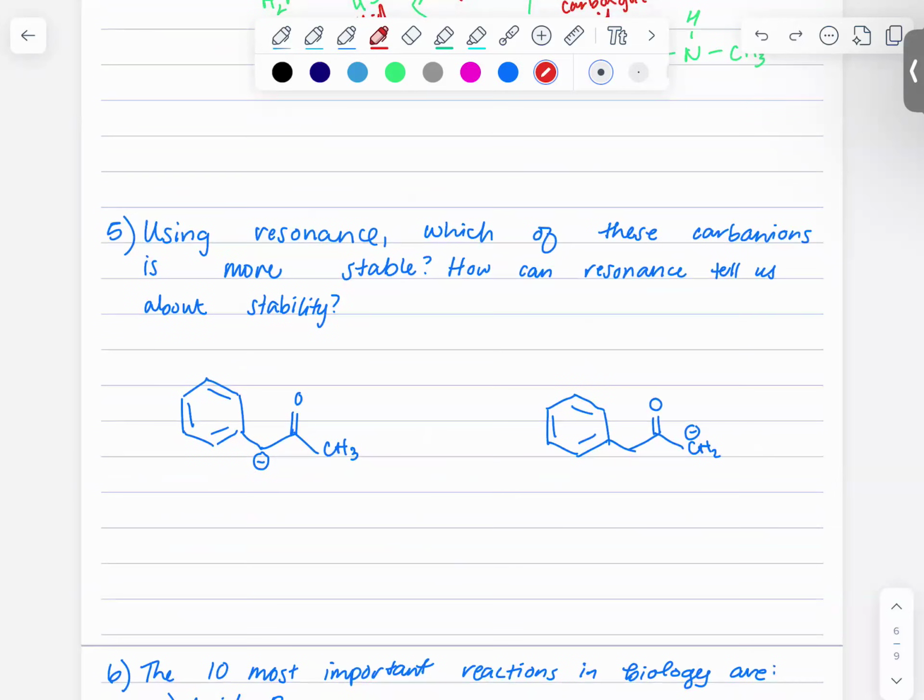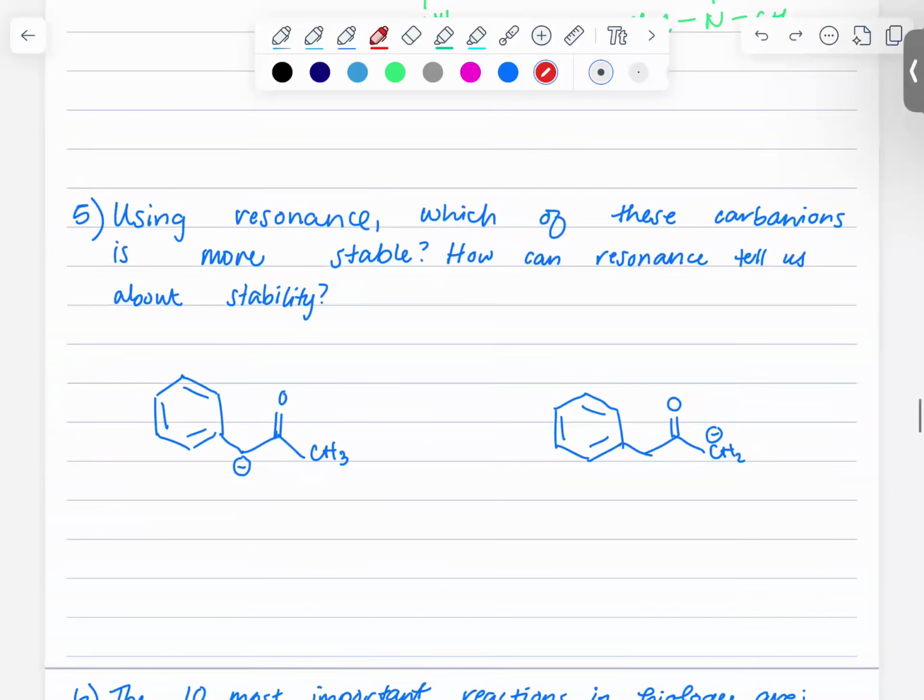Okay. The next question is looking at resonance. What is resonance, first of all? How our electrons can move through our molecule. What is more stable? More resonance structures or less resonance structures? Why?